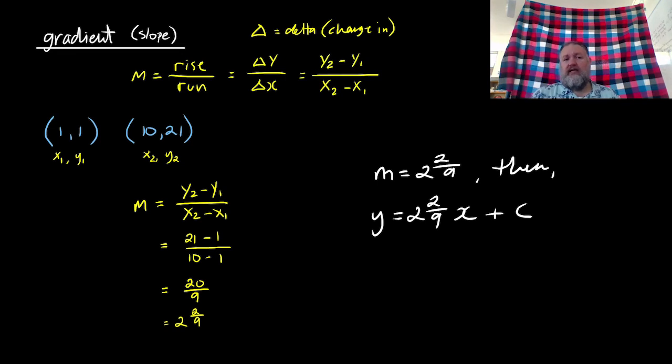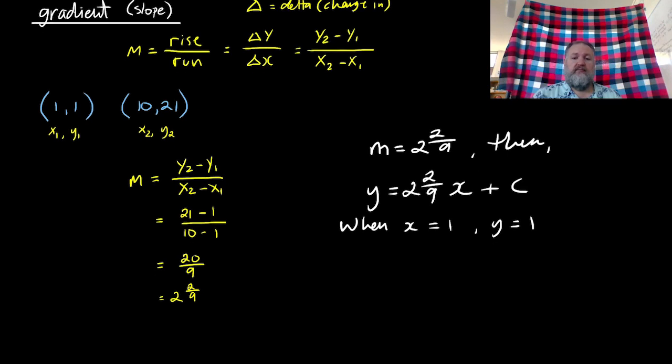I can then use one of my pairs of points, substituting those values of x and y to determine what my c value is. So I'm going to use the easiest one: x is 1 and y is equal to 1.